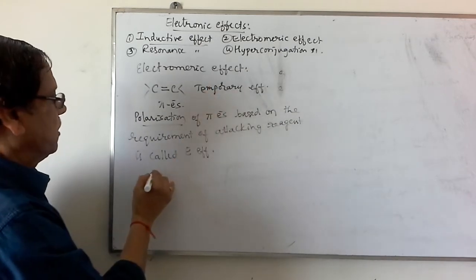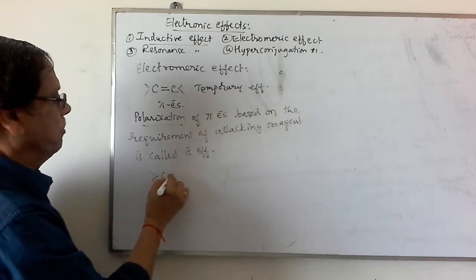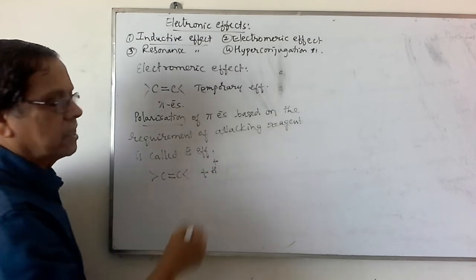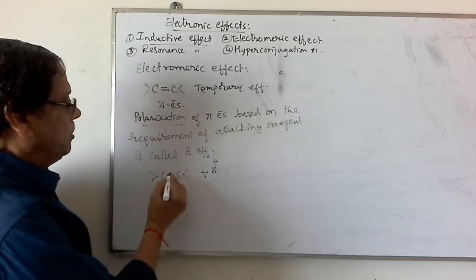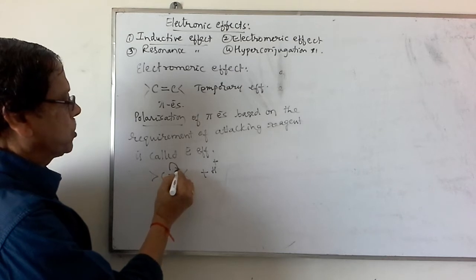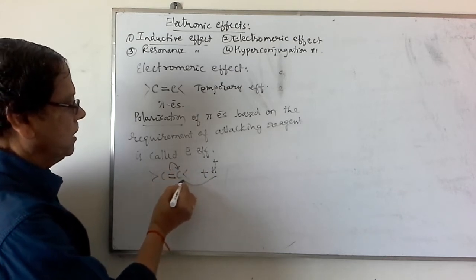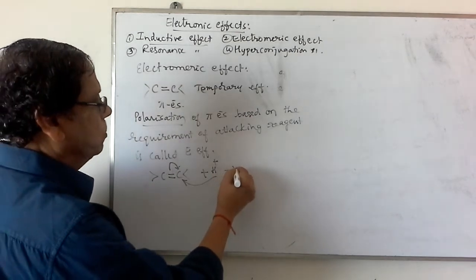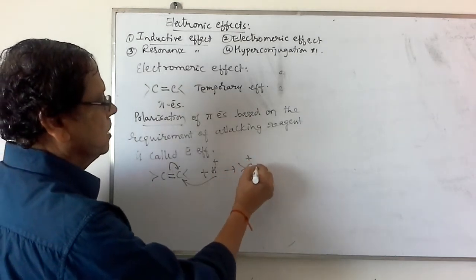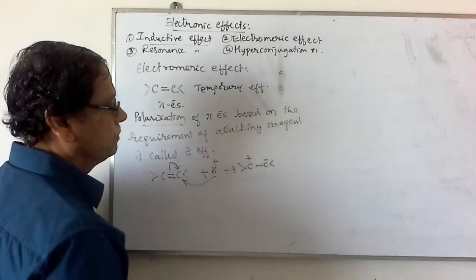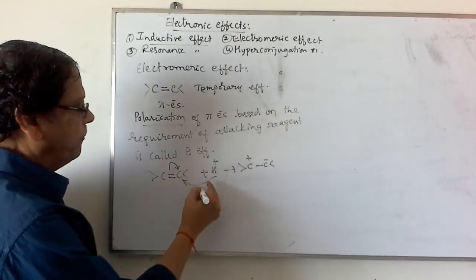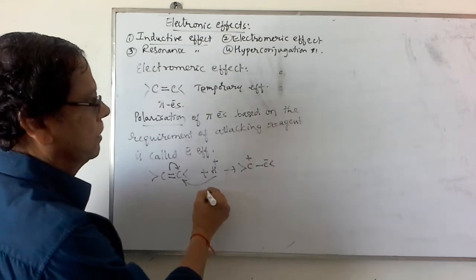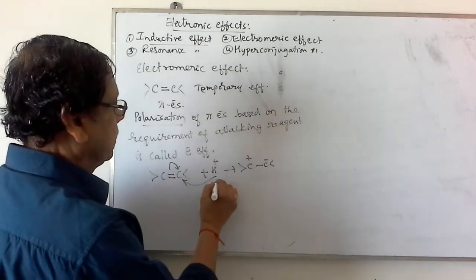So let us consider, for example, a C double bond C, where an electrophile is attacking this carbon. If the electron density shifts towards this carbon atom so that H+ can attack it, this will give rise to a positive charge on one carbon and a negative charge on the other.